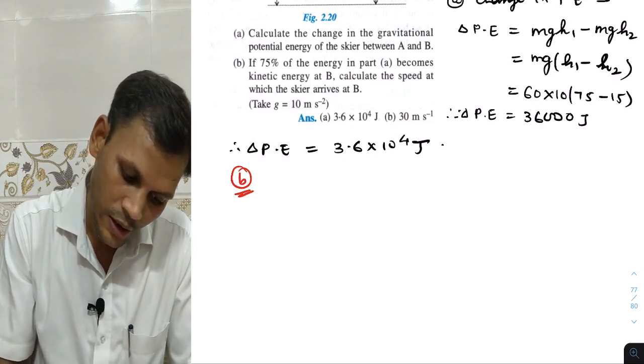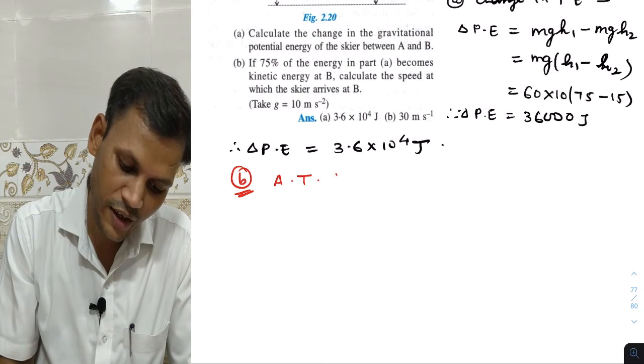So I will write according to given condition.